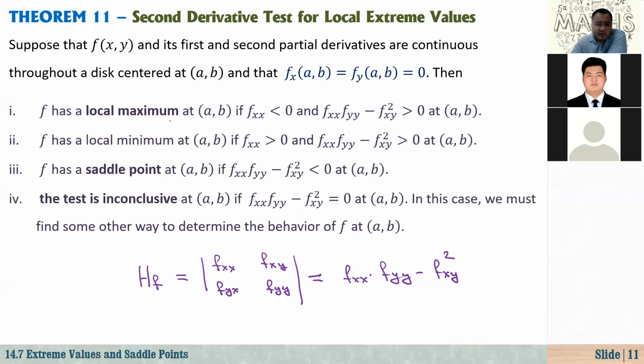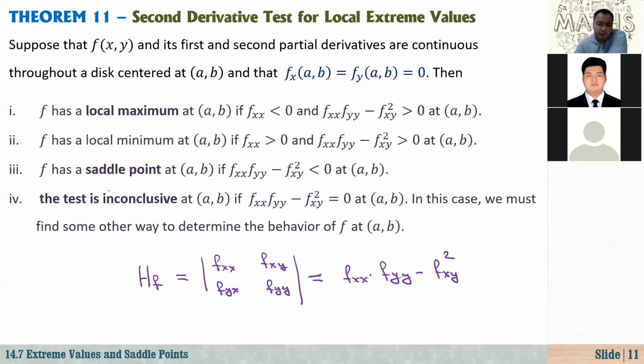It says that f has a local maximum at (a, b) if fxx is less than 0. You can remember that as concave down. So there we have a local maximum if also our condition fxx fyy minus fxy squared is positive. f has a local minimum at (a, b) if fxx is greater than 0 and again this Hessian determinant is greater than 0.